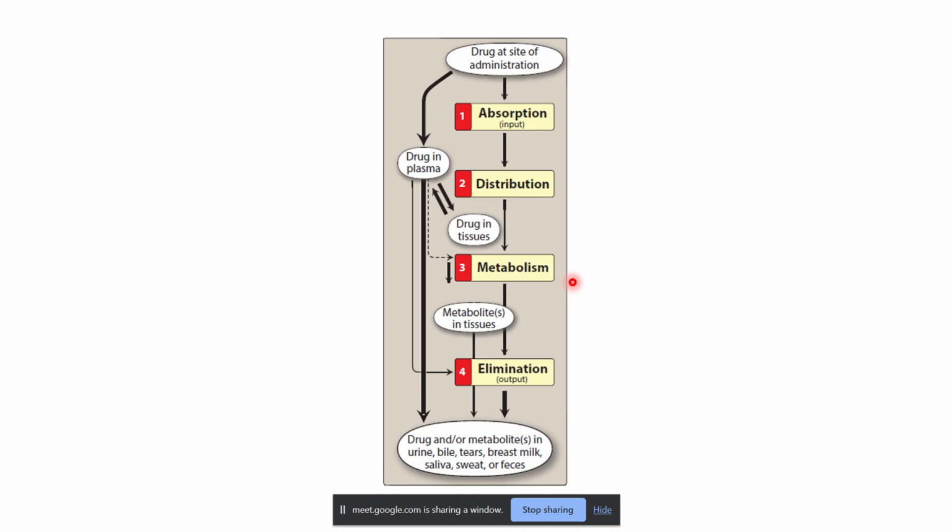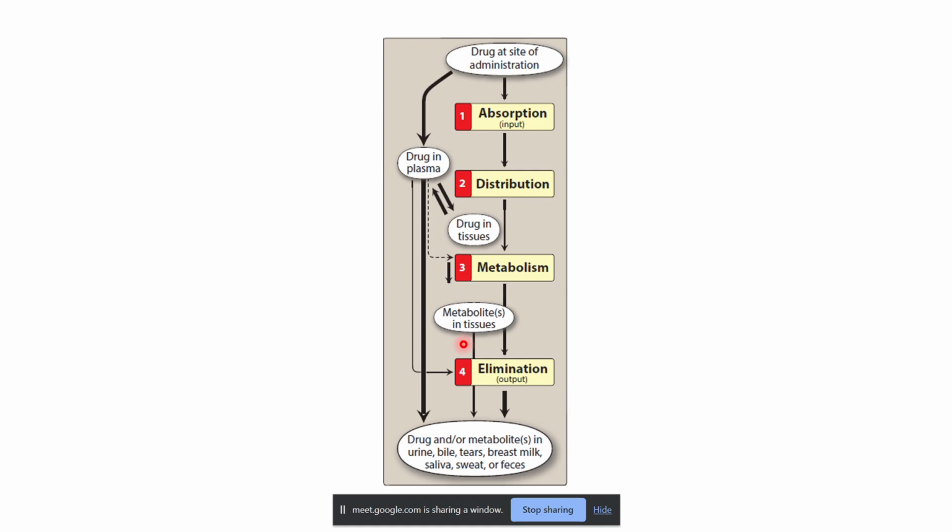And then the metabolism will prepare the drug for the elimination, because usually during the metabolism drugs will become more hydrophilic because of the attachment of hydrophilic groups, and also maybe ionized, so that increases the rate of the elimination, usually with the urine.